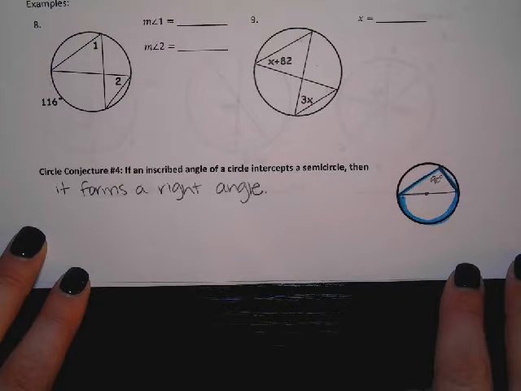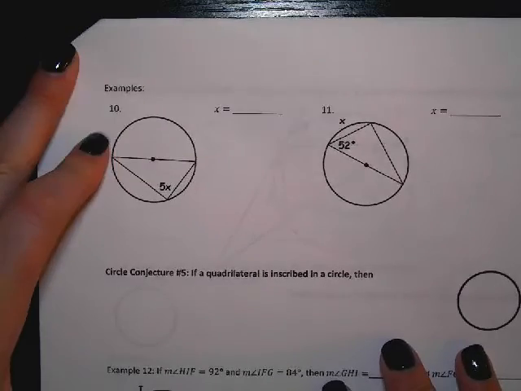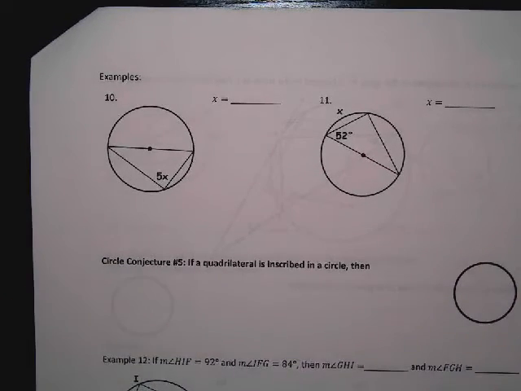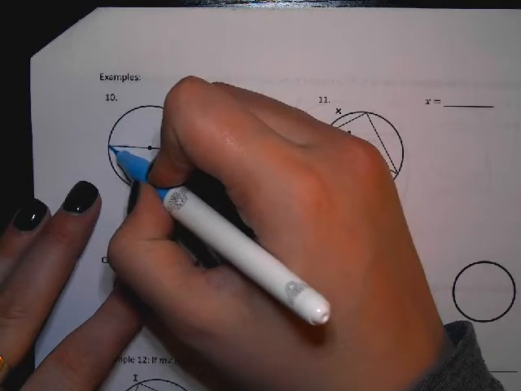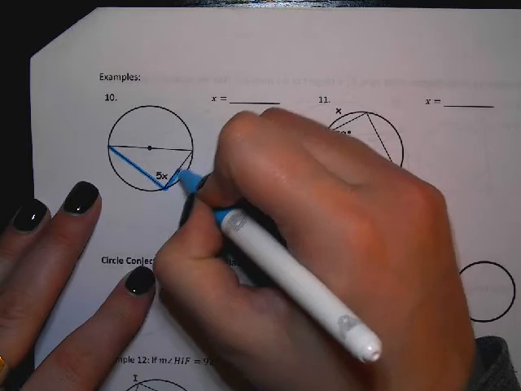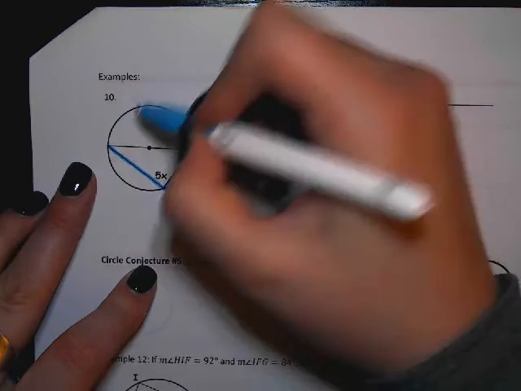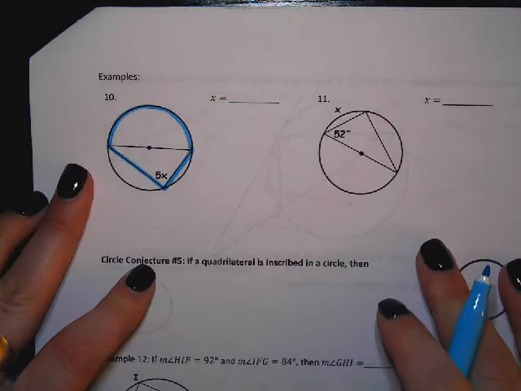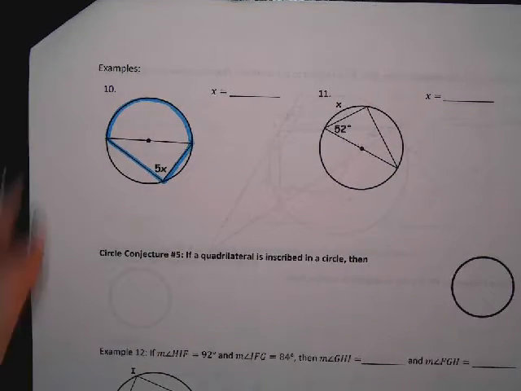All right, go ahead and turn the page. We're going to do some example problems. So we have to solve for 5x. Let me trace this angle. How big is the arc? 180. It's half of the circle.